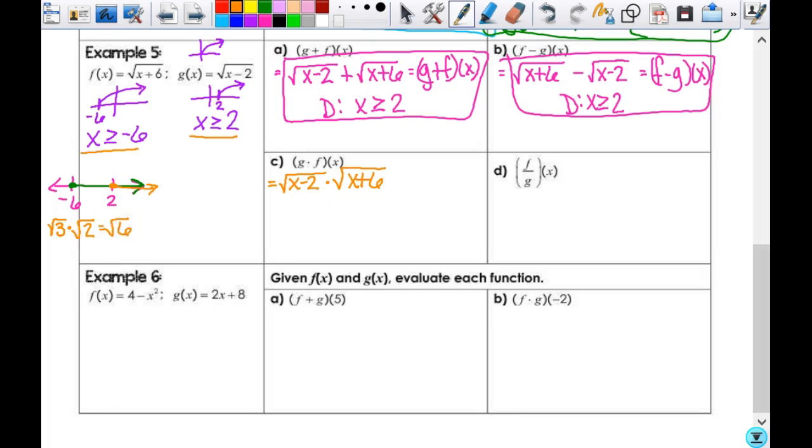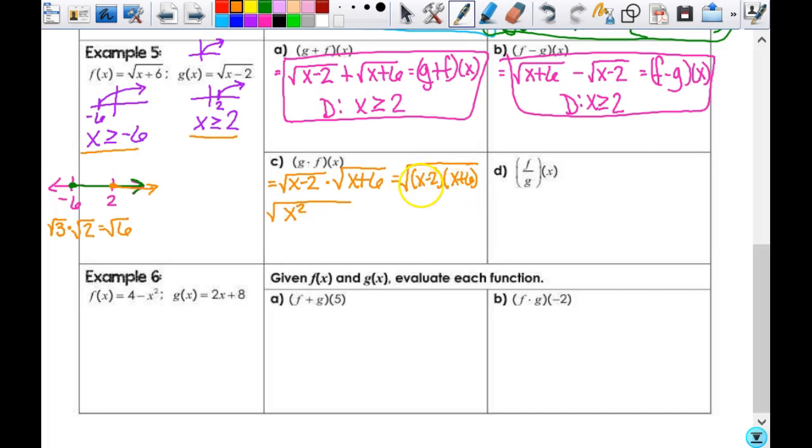If I add them, I don't get to do anything. If I multiply them, I do get to multiply what's underneath. That means that this is the square root of x minus 2 times x plus 6. Okay, multiplying them, you do get to put them together. So then I have to multiply this correctly with my FOIL, right? So this gives me the square root. x times x is x squared.